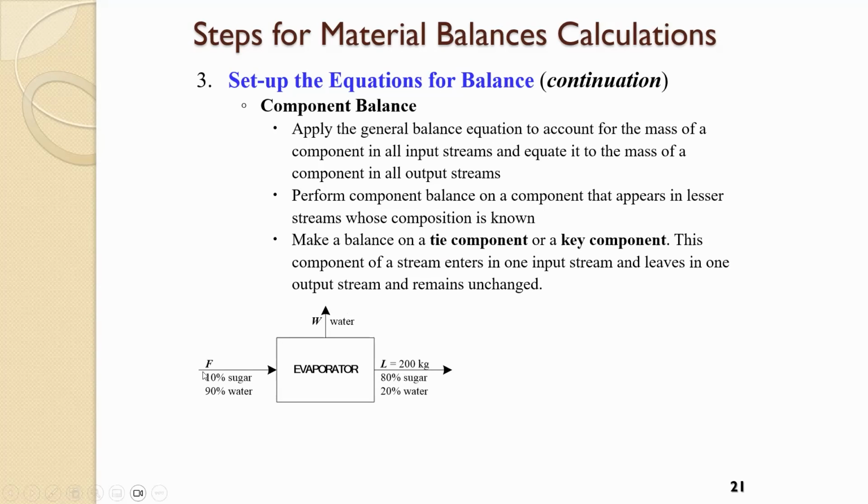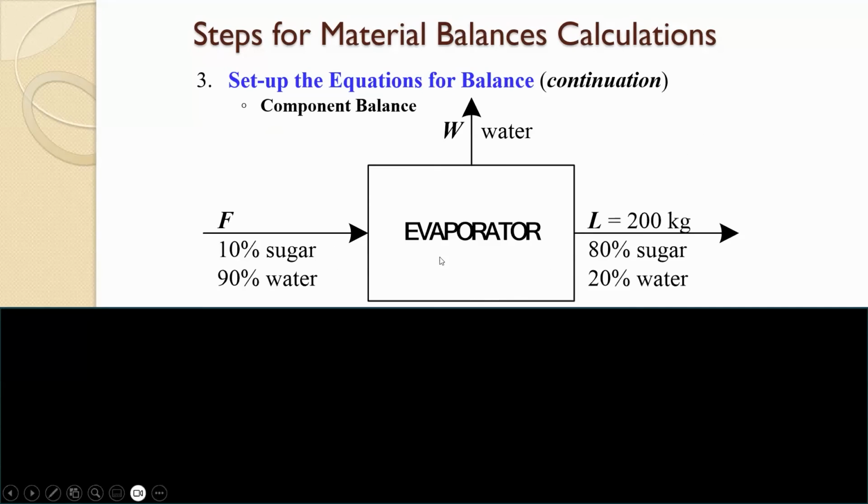Can you tell me? Twice only, in F and in L. How many times does water appear? Three times: F, W, which is pure water, and then L. So if I ask you which one's easier to use, definitely the sugar, because sugar only accounts for F and L. So let's try setting up the equation.